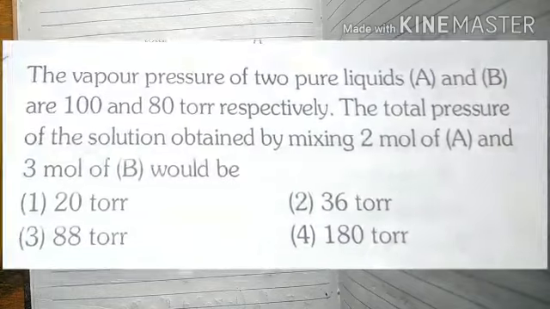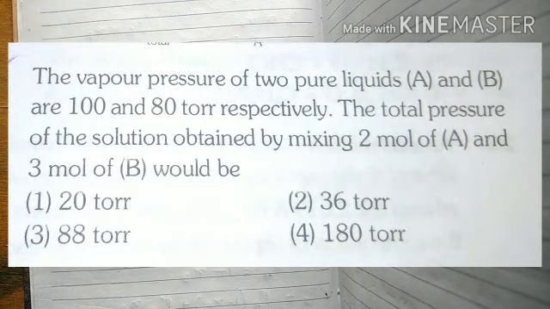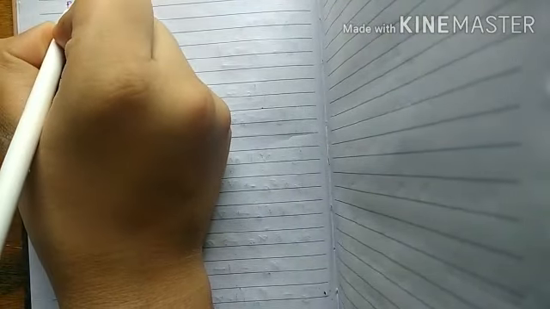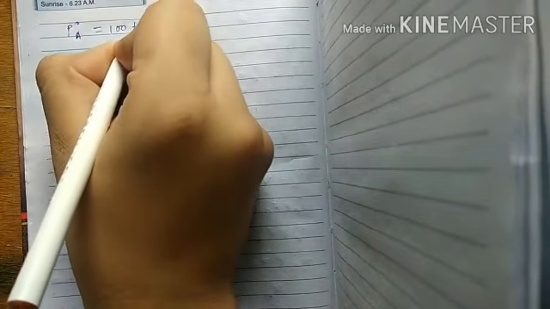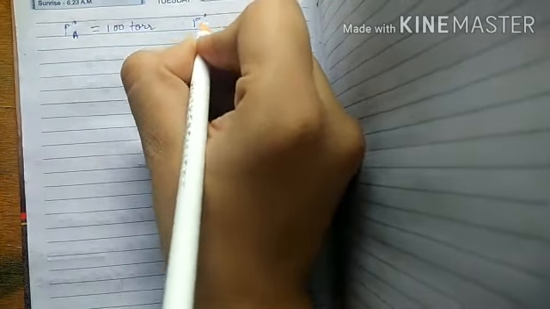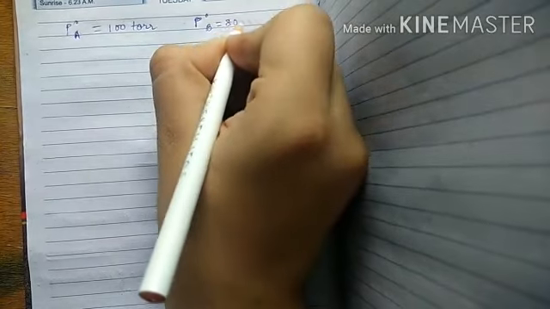First question: the vapor pressure of two pure liquids A and B are 100 and 80 torr respectively. The total pressure of the solution obtained by mixing 2 moles of A and 3 moles of B would be. This is an MCQ. We have been given the vapor pressure of two pure liquids, that means here we are talking about P naught A. So P naught A is equal to 100 torr and P naught B is 80 torr.